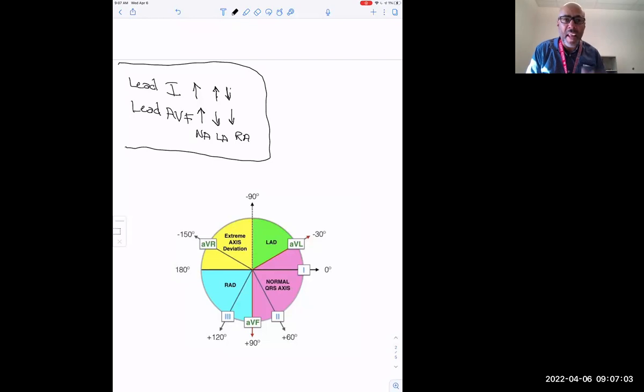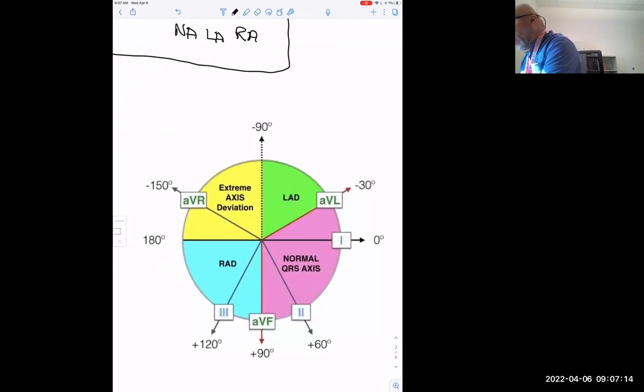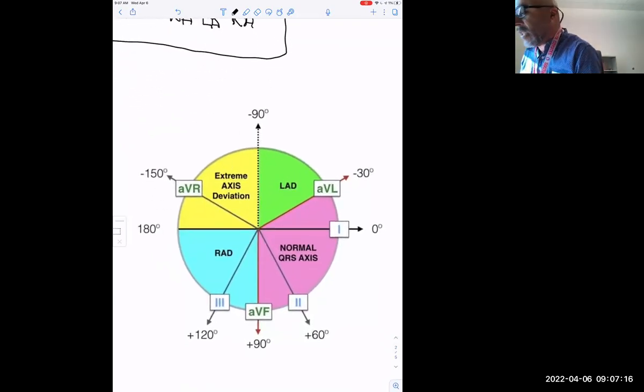Okay, now let's put some numbers. That's the really quick down and dirty way to determine axis. But axis also comes in degrees. So let's put some numbers to this axis and what are the normal numbers?